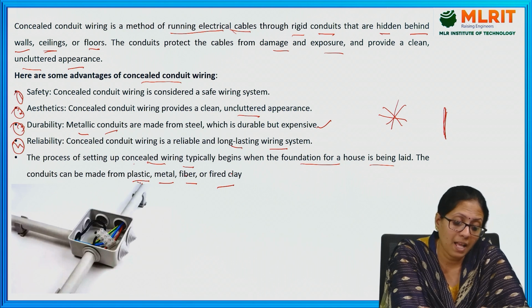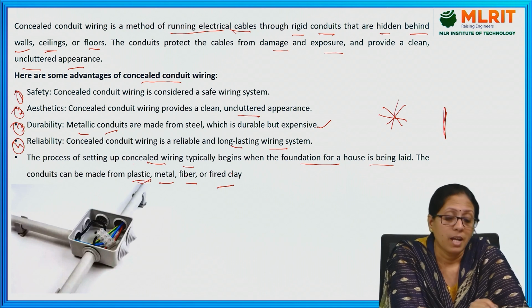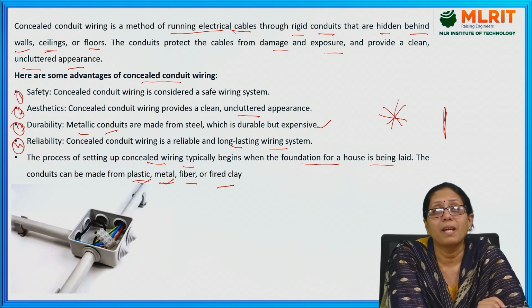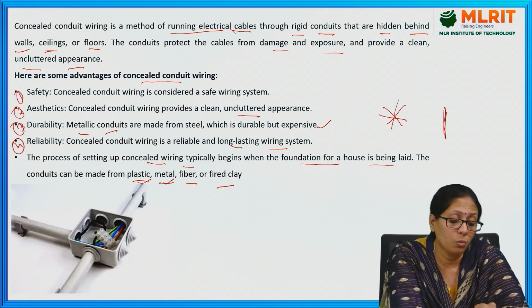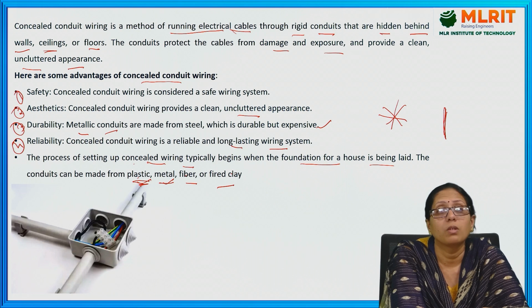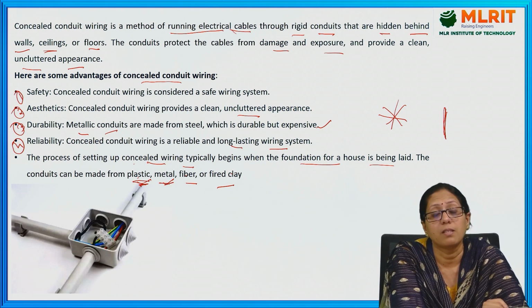Plastic will be a little bit cheaper and metal will be costlier. So, based on the budget, we can use a plastic wiring system or a metal wiring system.